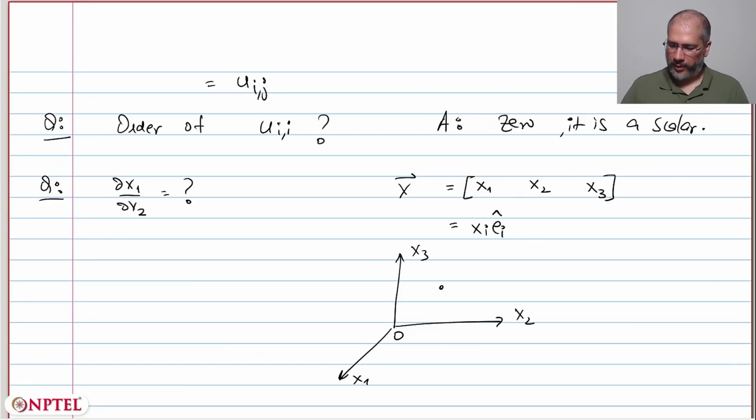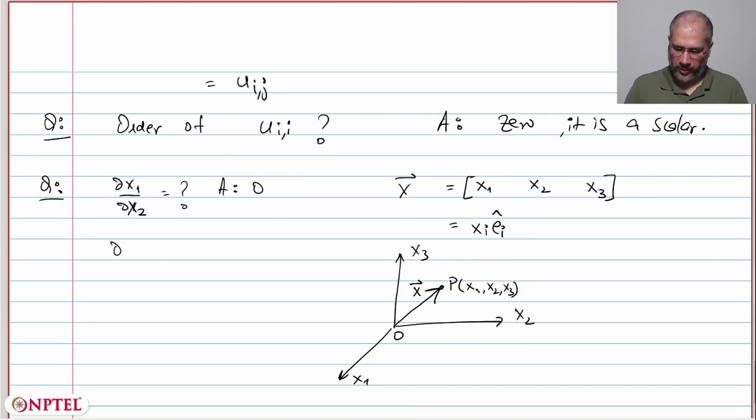Then we typically would write a point P having 3 coordinates x1, x2, x3, and the position vector in this case is this vector that joins the origin to the point P. So coming back to the question, what exactly is del x1 by del x2? Given that we understand what the x vector is, del x1 by del x2 is 0 because they are 2 independent directions. The answer is 0.